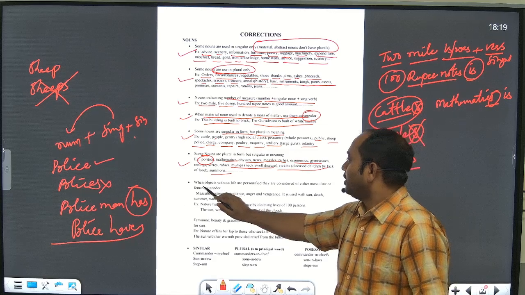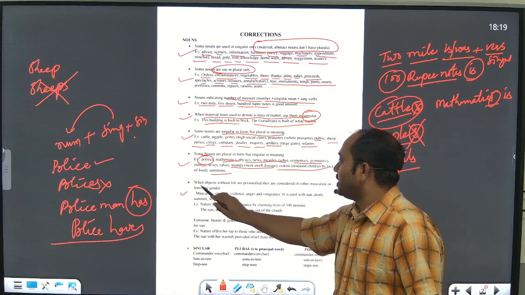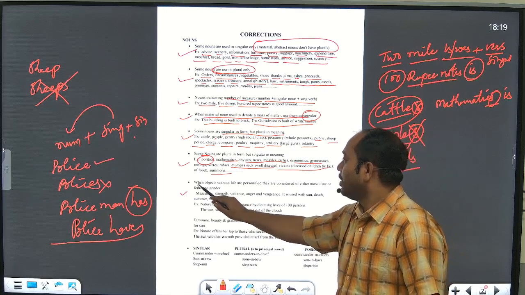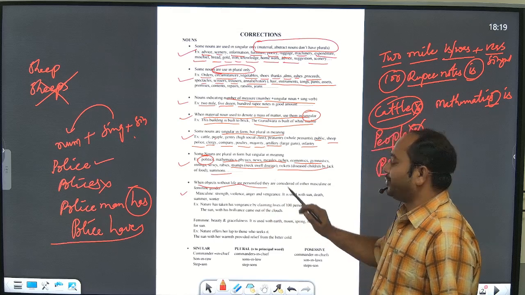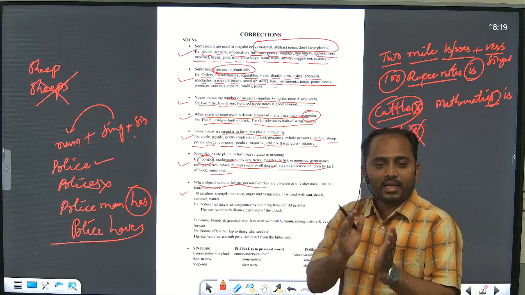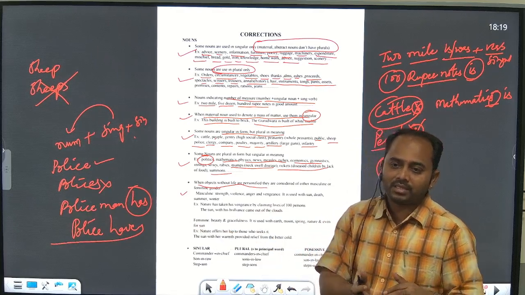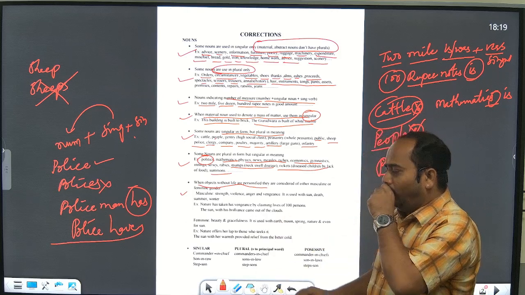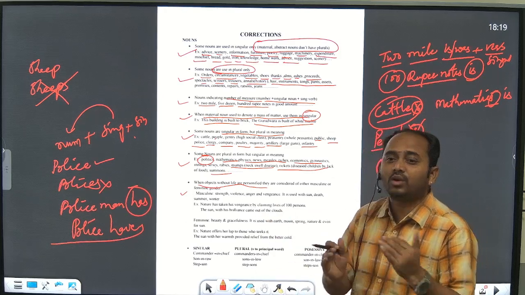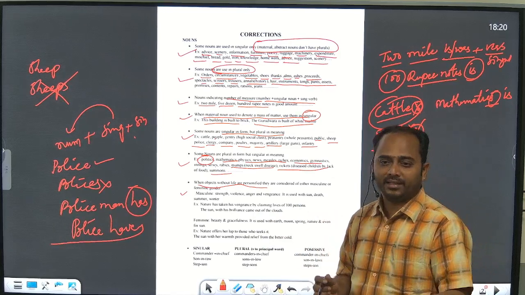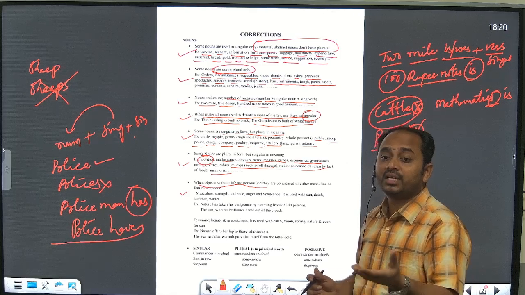Next, this is one of the most important points in the noun actually. Several times it has come even in the examination also. When objects without life, inanimate, animation means life, inanimation means no life. So, when certain objects without life are personified, even this is called one of the figures of speech also.